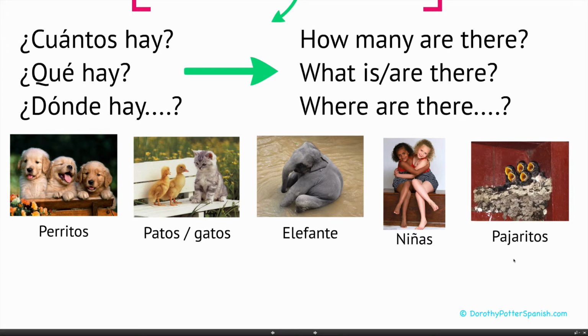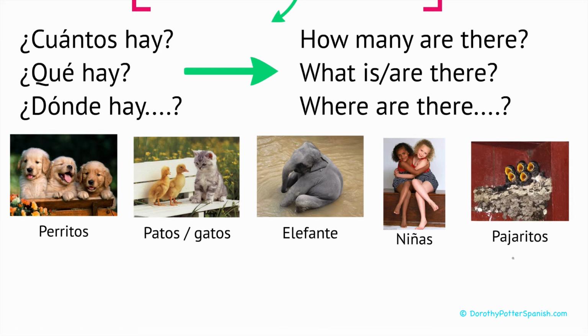Can you say a whole sentence even if you don't know the word you want? Maybe you'll say, hay pajaritos in the forest, el bosque. Or, hay pajaritos in a nest, en un nido, nido, a nest. Good.